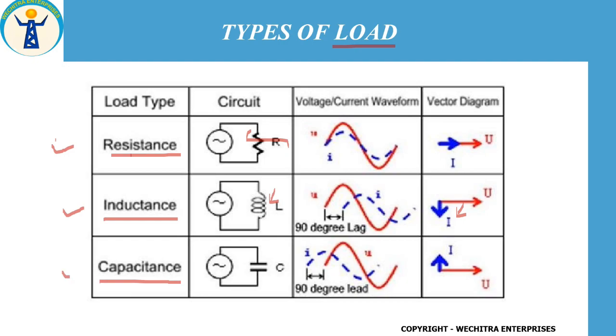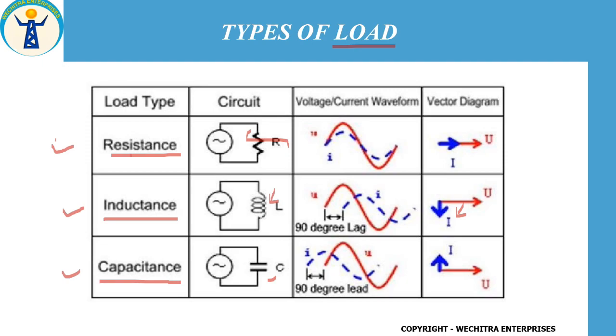The third one is capacitive load, capacitance. This is the symbol of capacitance, and capacitance is the property to store energy. Loads like a fan have capacitance, or you have a capacitor bank for improving your power factor. These are capacitive.